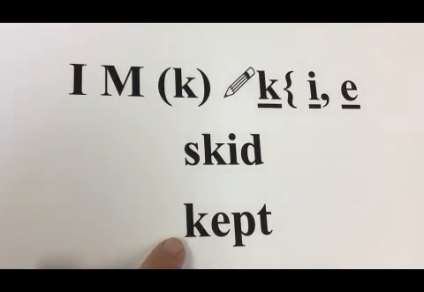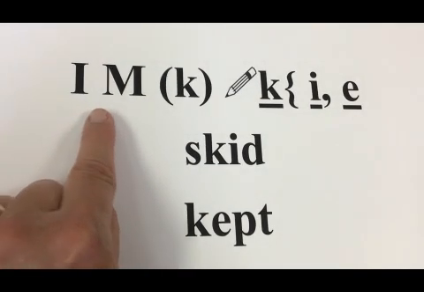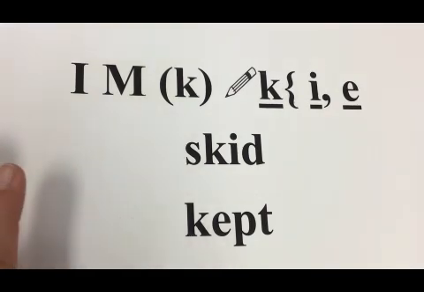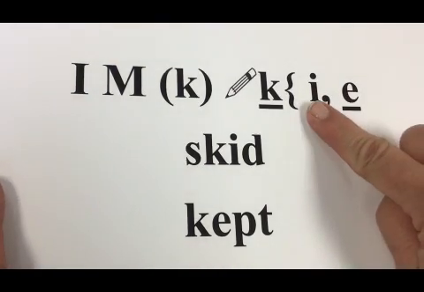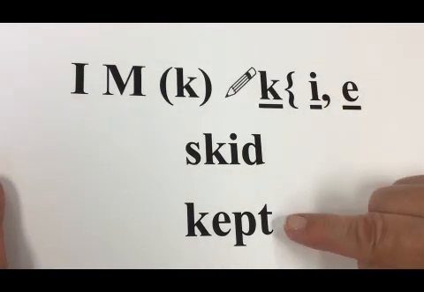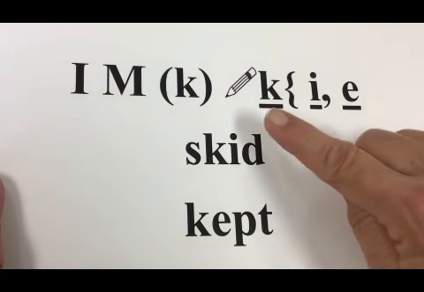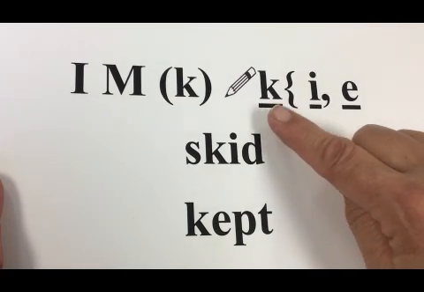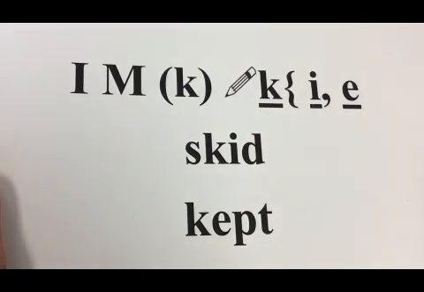So it's very important when you're spelling words to listen for the sound K and notice if it's in the initial position or medial. And also notice if it has an I or an E sound behind it. That tells you that it's going to be spelled with the K. So you got to do a lot of paying attention when you're spelling words.